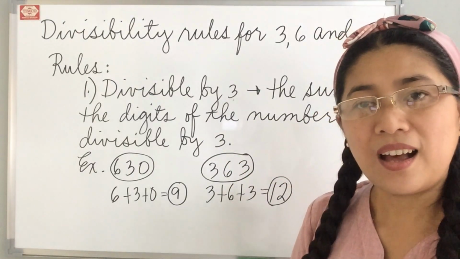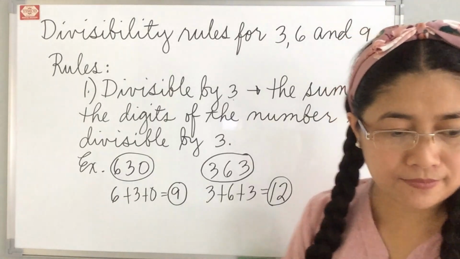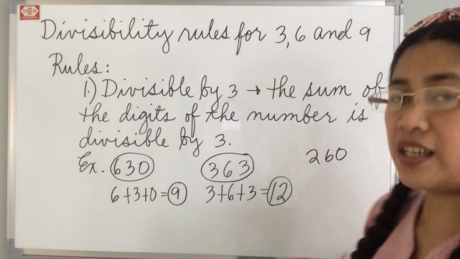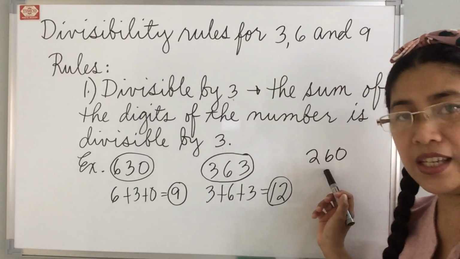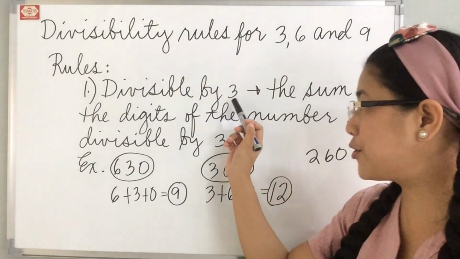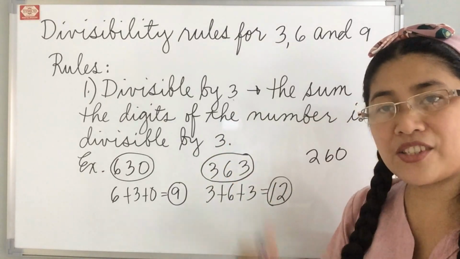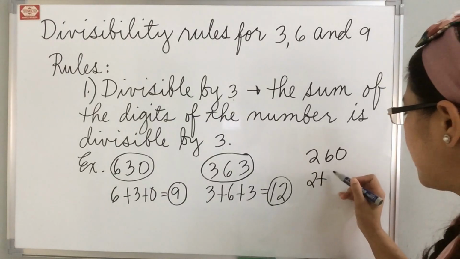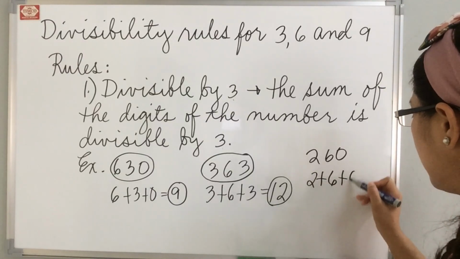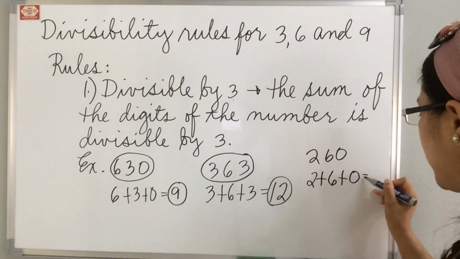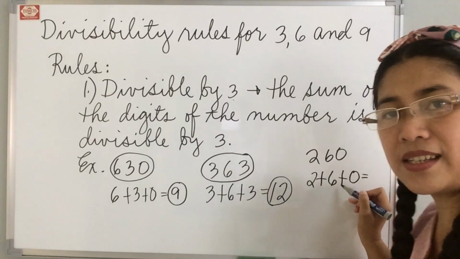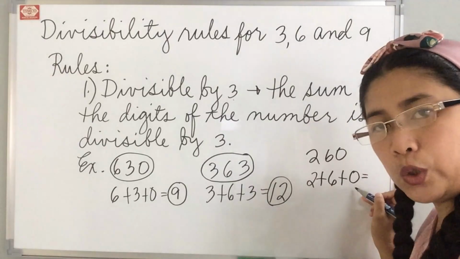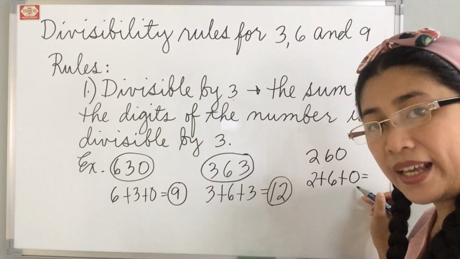How about this one? 260. Is 260 divisible by 3? Let's go with the rule. We have 2 plus 6 plus 0. So what's the answer? 2 plus 6 is equal to 8. 8 plus 0 is equal to 8.